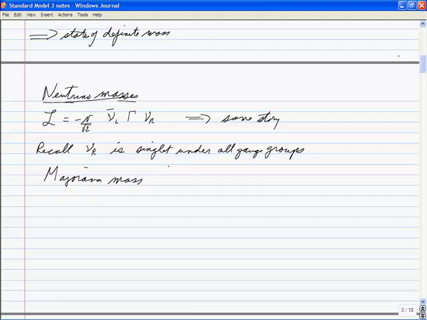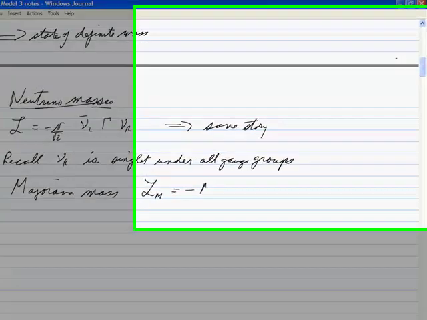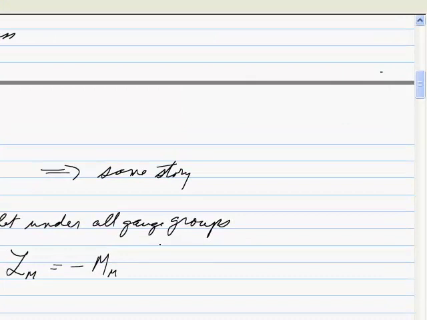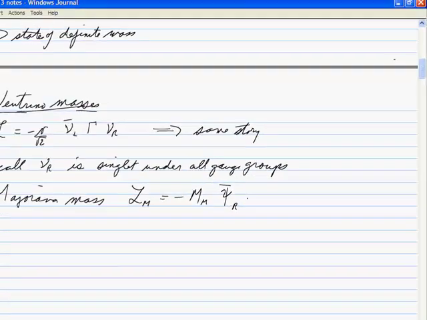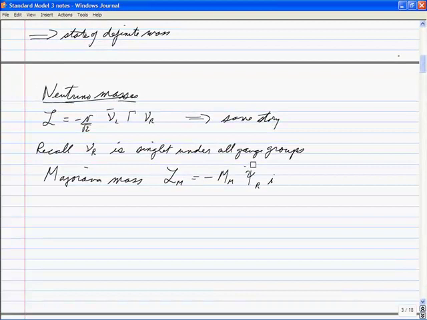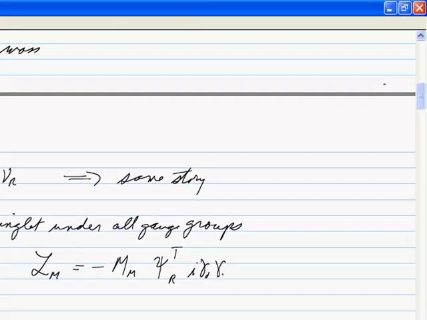The Majorana mass term is minus m sub Majorana psi bar, in this case will be right. Actually, I'm sorry, psi right, no psi bar, psi transpose, i gamma 0 gamma 2, psi right.